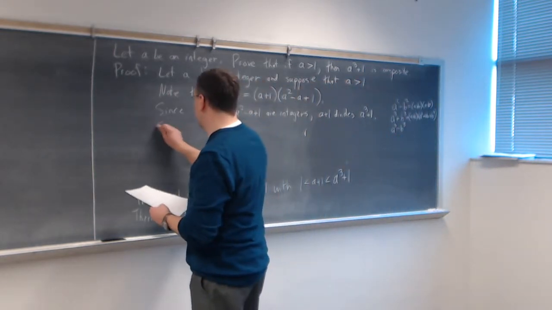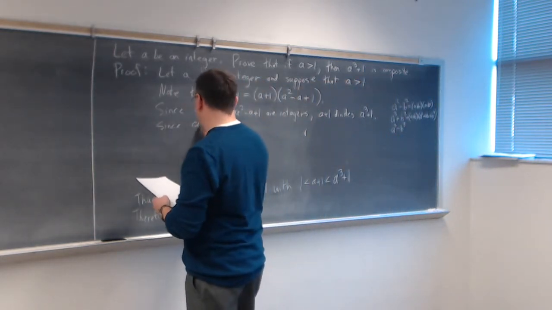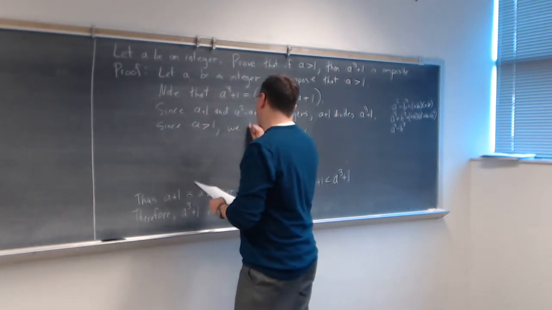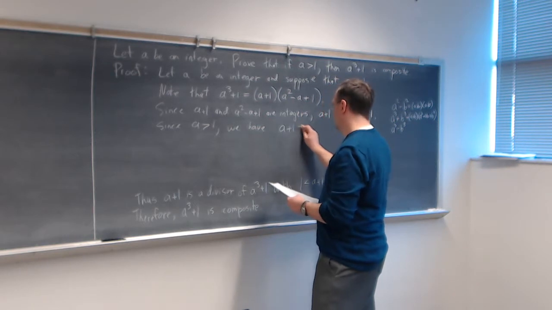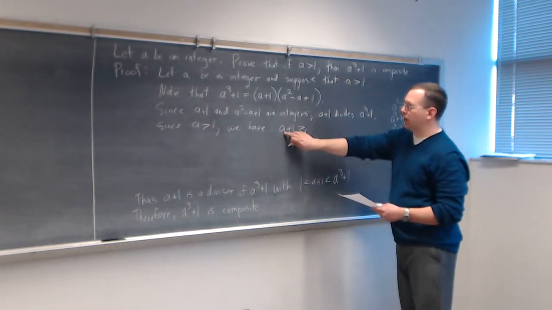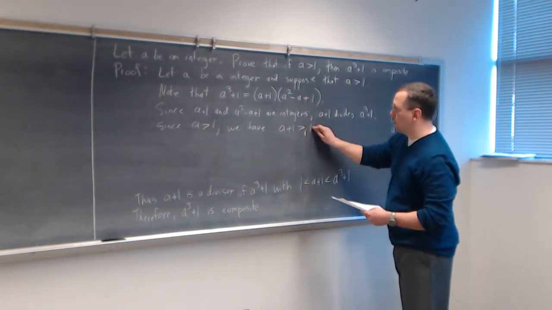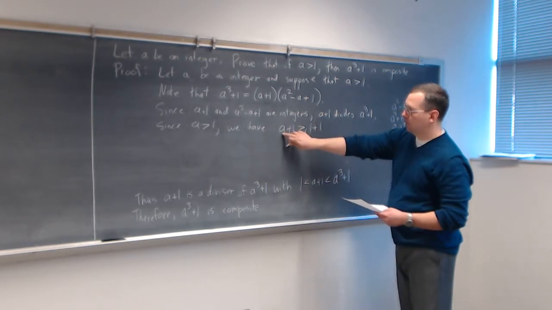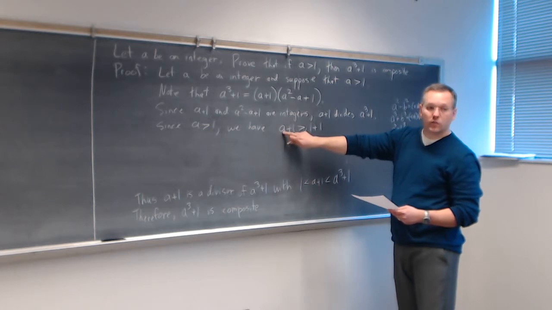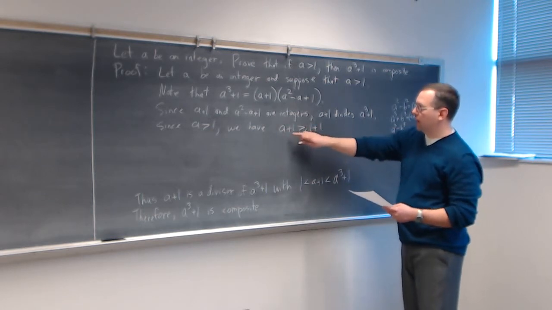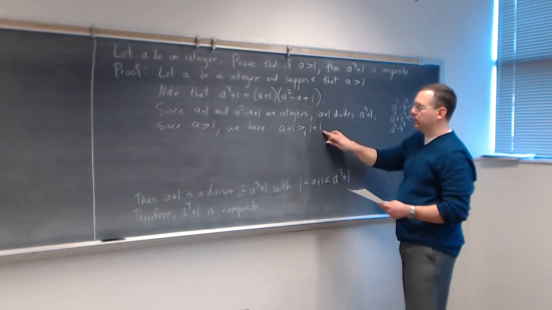Okay, since a is greater than 1, we have a plus 1 is greater than, well, if a is greater than 1, then a plus 1 is greater than 1 plus 1. Okay, does that make sense? If this number is greater than 1, then a plus 1 would be greater than 1 plus 1.